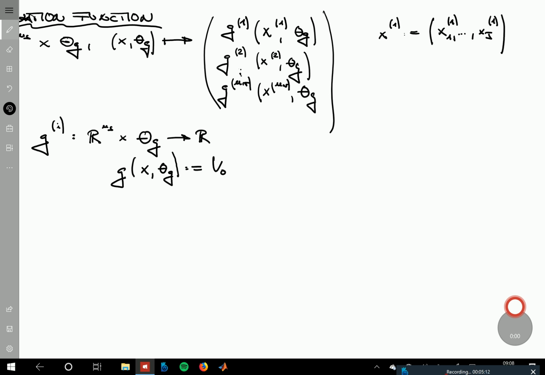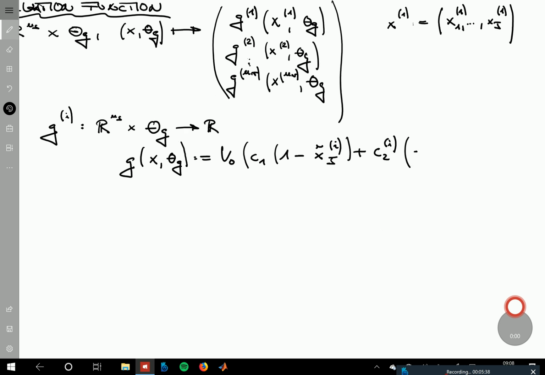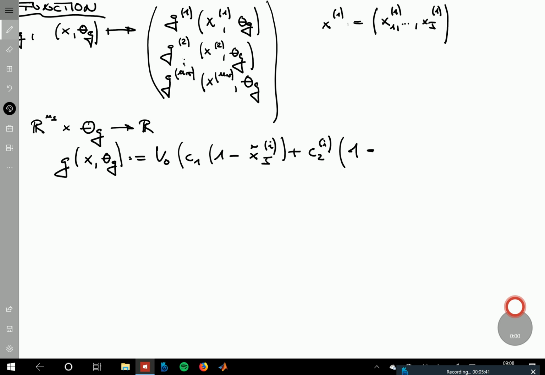There's a parameter V0, there's a parameter C1. It looks at the fifth state variable, so that's a hemodynamic state variable, and it looks at the fourth hemodynamic state variable in the ith region.